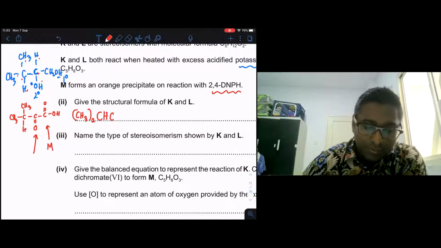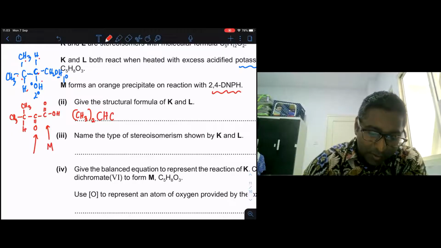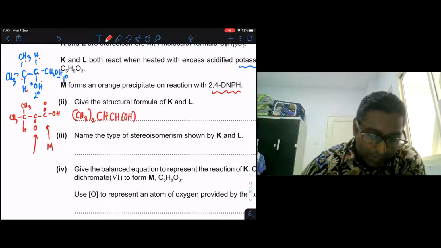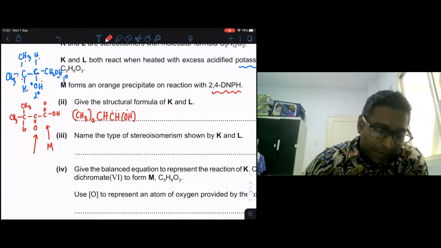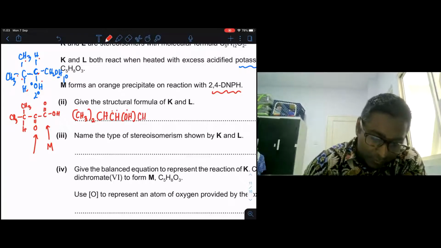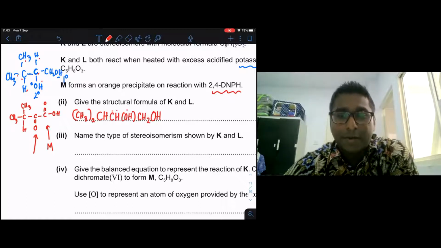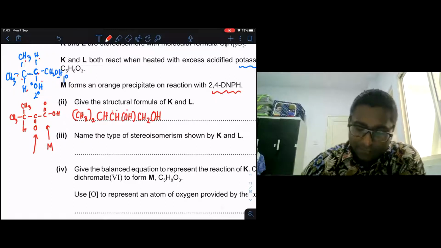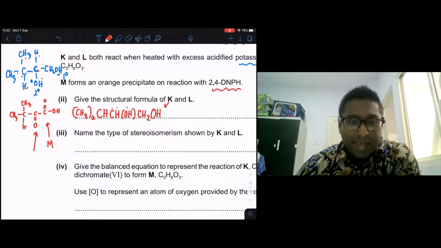How do I show it's going to be H and OH? You can either put a bracket OH first, then H, or you can put H and then bracket OH. Basically, the carbon is attached to hydrogen and OH. Done. And then you have CH2, then you have OH. This is writing the structural formula. Sometimes they'll ask you to draw the structural formula, but when they say draw also, it's the same thing. So this is going to be K and L.